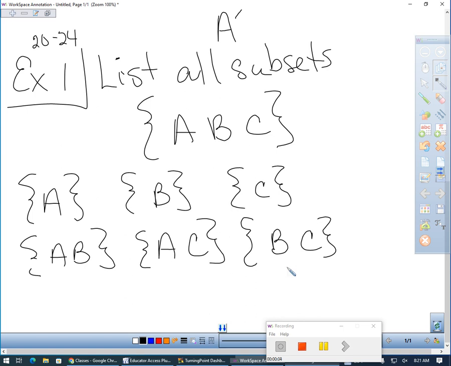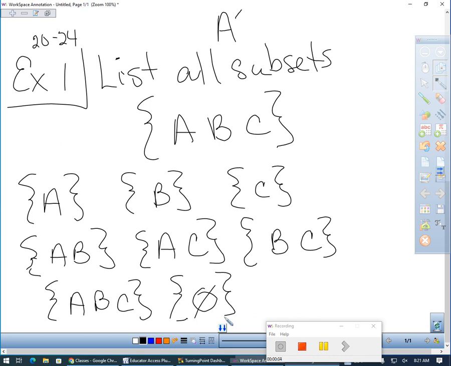You can make them normal parentheses, brackets, whatever works best for you. Usually in your book, though, you're going to see them with these little squiggles on the end, okay? I can also have all of them, so ABC can be a subset of ABC, or the one we talked about in our warm-up, I can have the empty set where none of them are included.